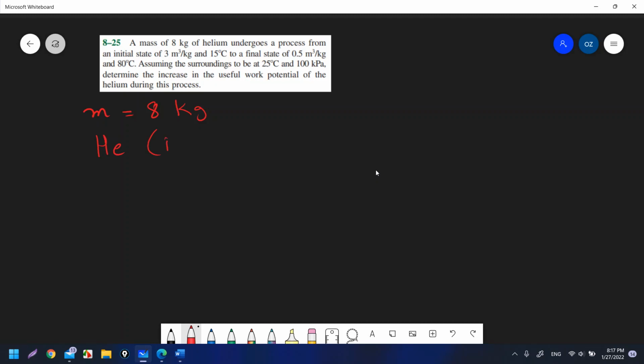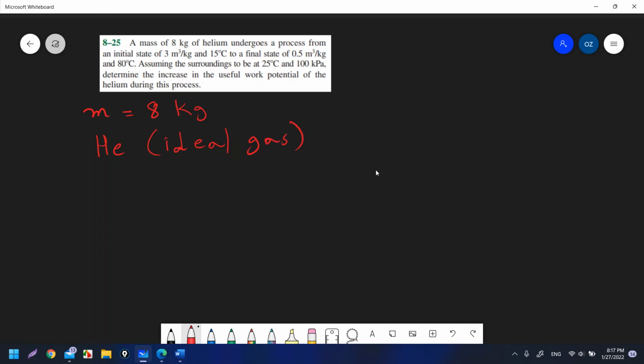The first question that we have is question 8025. A mass of 8 kilogram of helium. Helium is an ideal gas. We will benefit from this information later.